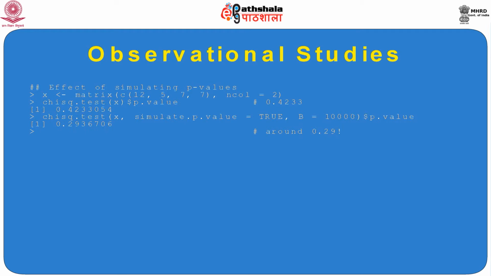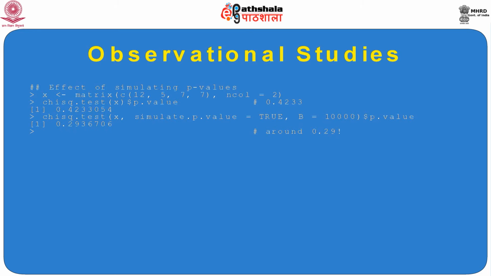Now we apply chisq.test with x and simulated p-value, and the p-value is 0.4233049. It shows that there is no tendency or association in this 2 by 2 table.